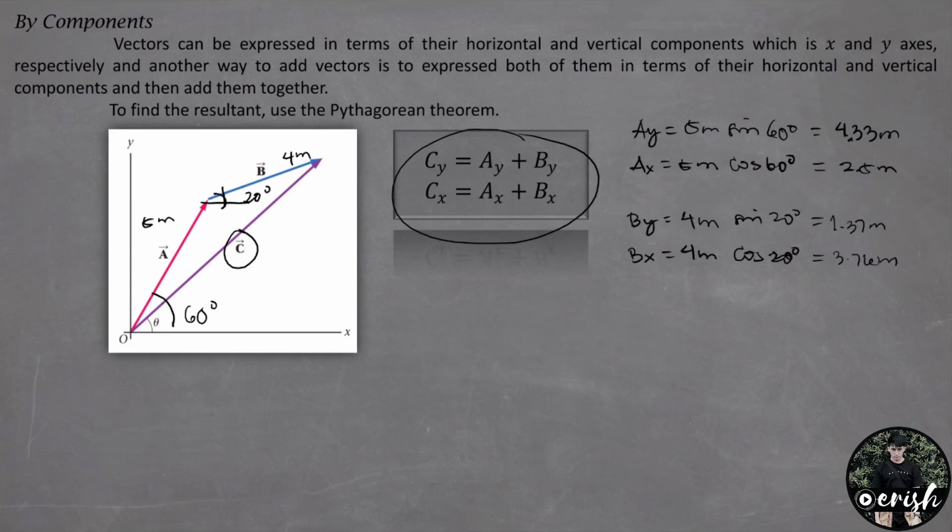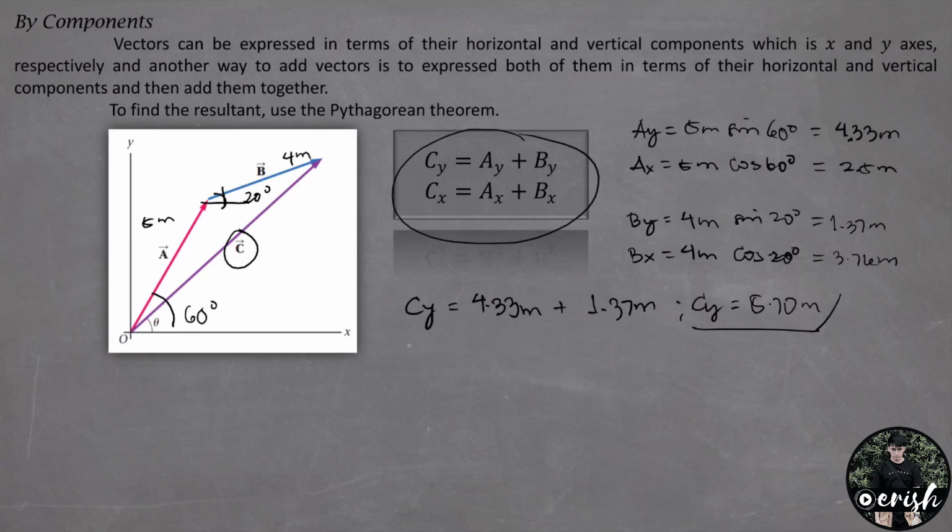Now, isasolve na natin yung horizontal and vertical components naman nung vector C natin, which is the vector sum. For CY, add natin yung AY and BY. We have 4.33 meters plus 1.37 meters. And ang value ng CY natin is equal to 5.7 meters.